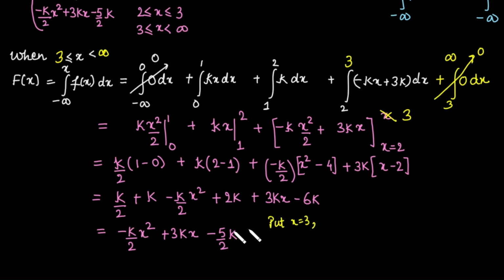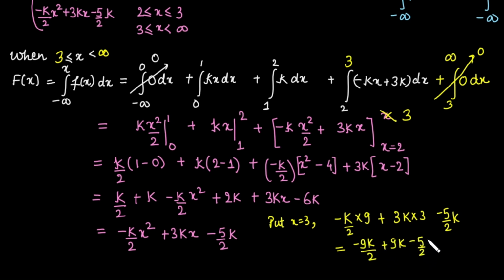What we have, minus k by 2 into 9 plus 3 into k into 3 minus 5 by 2 into k. Simplify this. This is equal to minus 9k by 2 plus 9k minus 5 by 2 into k. That is equal to 4k by 2, that is equal to 2k.